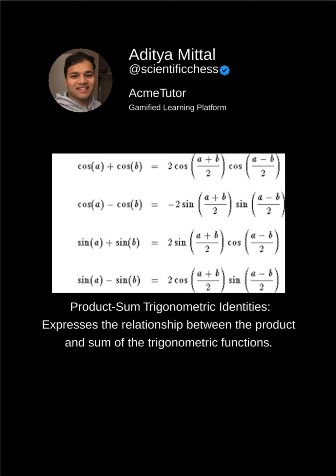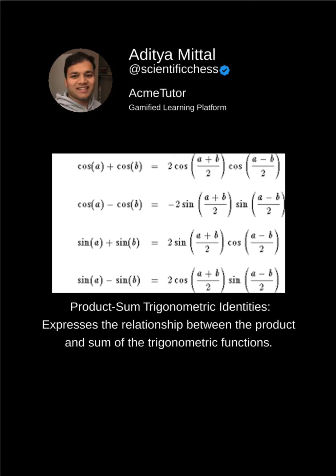So here we can see when you're adding up cosines, you basically get the product of cosines. When you're subtracting cosines, you get the product of sines. Similarly, when you're adding up sines, you get the product of sine and cosine. And when you're subtracting sines, you also get a product of cosine and sine.